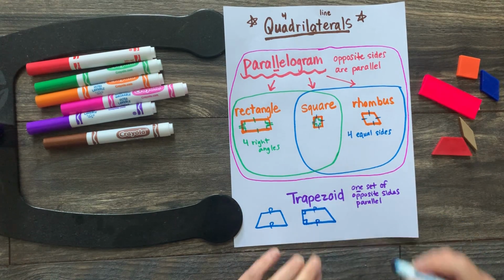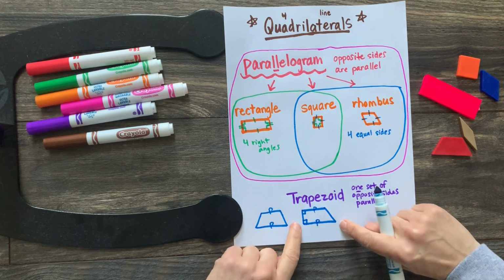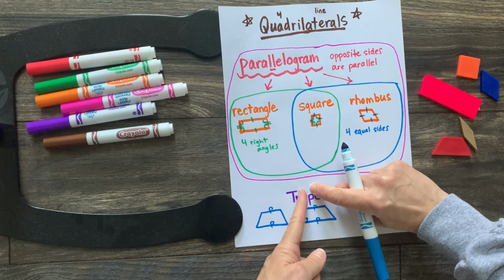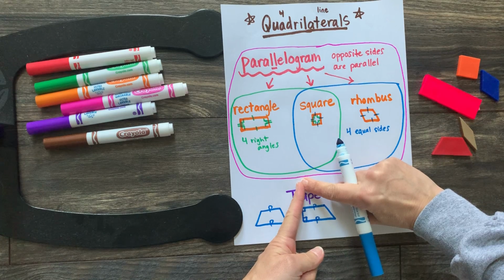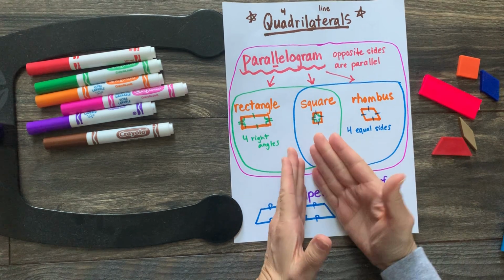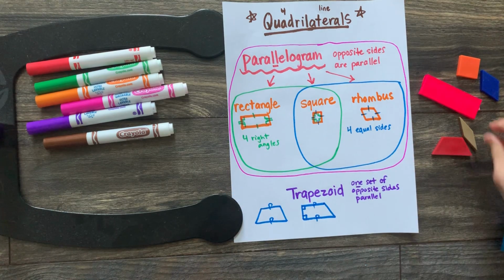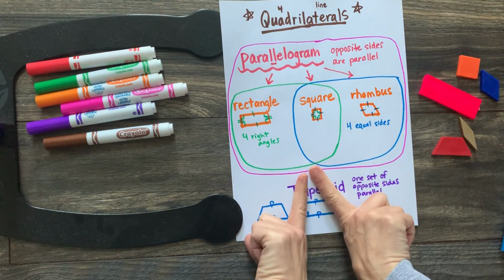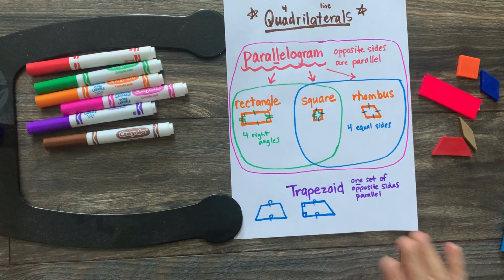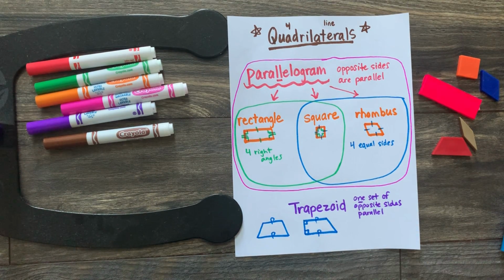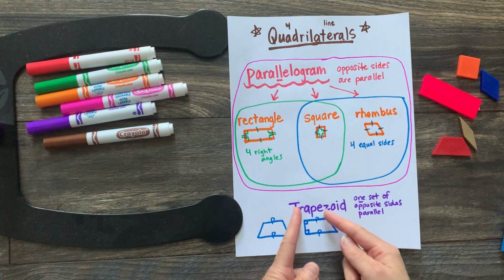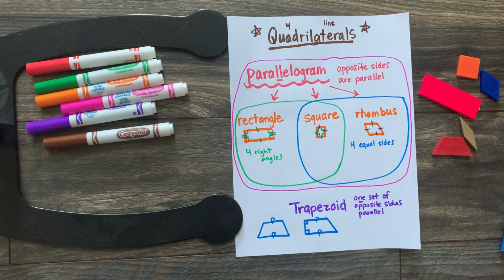But look at this one. If I were to go straight up here and continue this line, I'm still going to bump. So watch, still going to cross. So this side and this side are intersecting. These are parallel. So a trapezoid can actually have a right angle. We kind of forget that sometimes, as long as one side here is intersecting and not parallel.